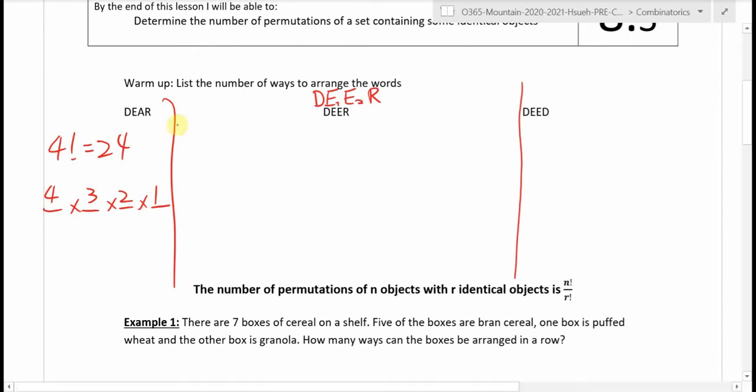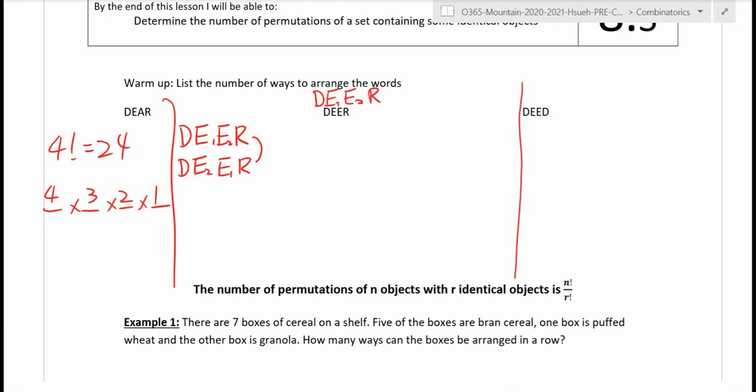The first way to arrange it obviously would be D, E1, E2, R. And then we could write this as D, E2, E1, R. Notice how without the 1 and 2, they really are the same thing. But if you separate them into E1, E2, then they are actually 2 of them. I'll show you one more, and I'll let you try to list out the rest.